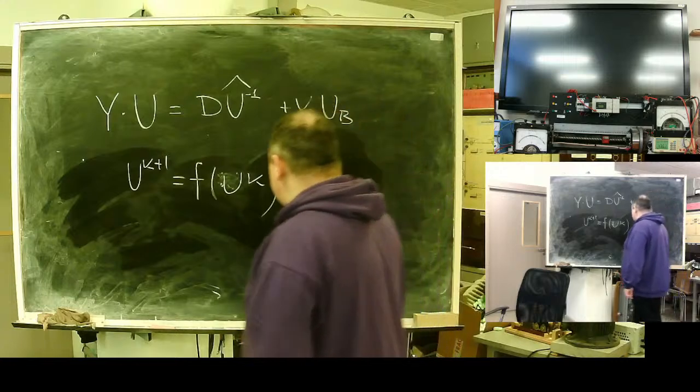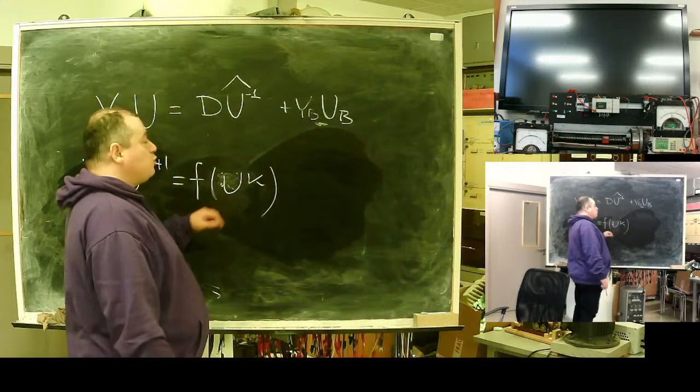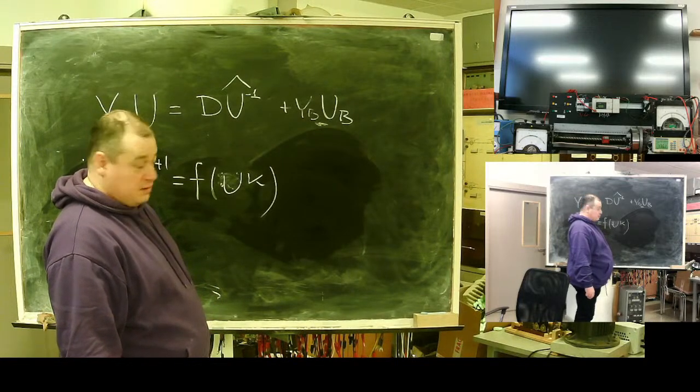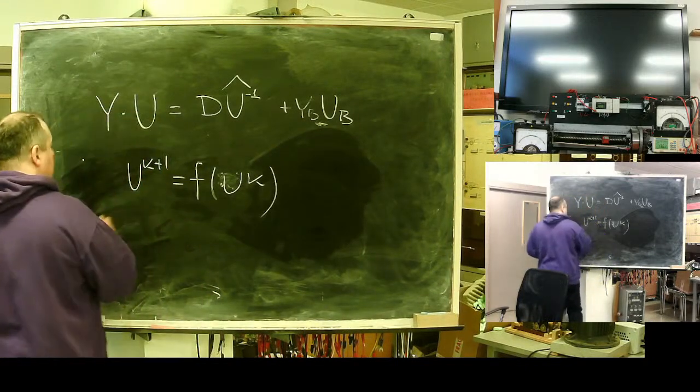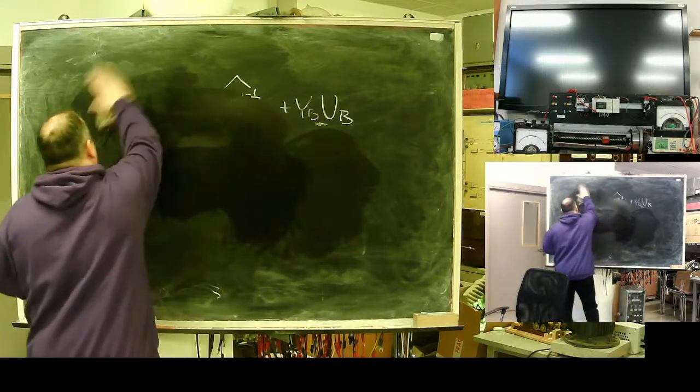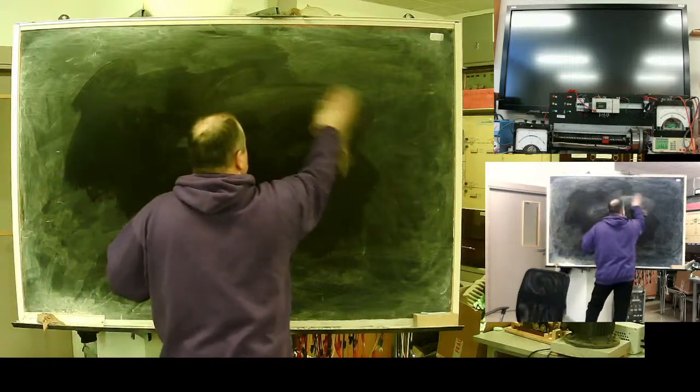It means I can use the previous one to calculate something for the next one. In my case, currents. I can organize a specific form of the Seidel process.